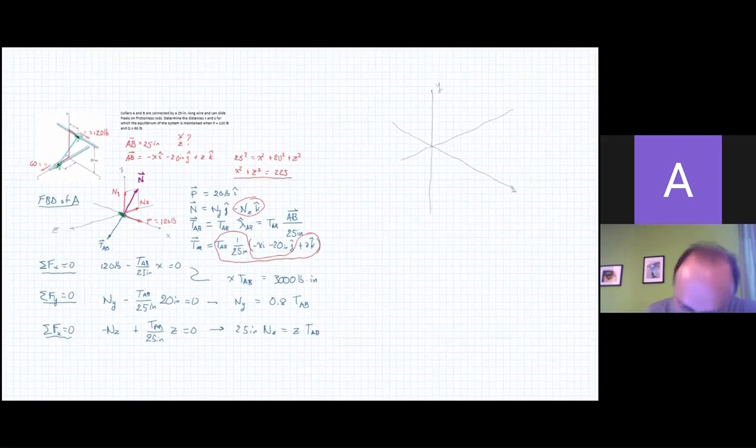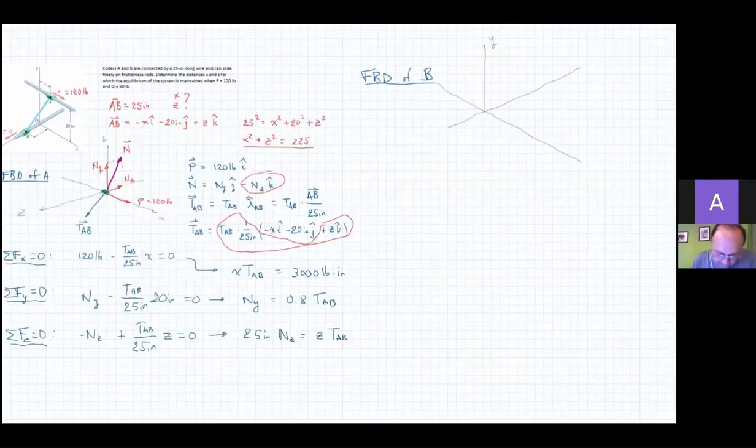So let's set up the free body diagram of B. Okay, let's put the collar here.